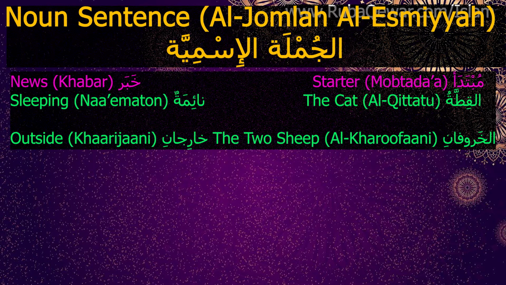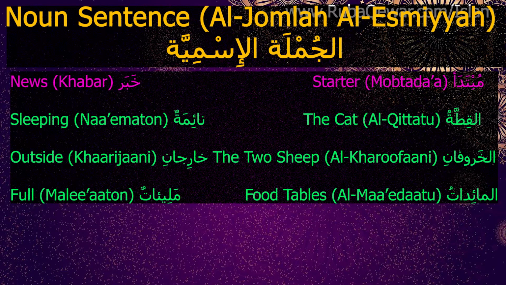Of course, you don't say this in Arabic, but it's okay because we need two. خارج outside, خروفان two sheep. And مائدات مليئات, means like full tables of food.